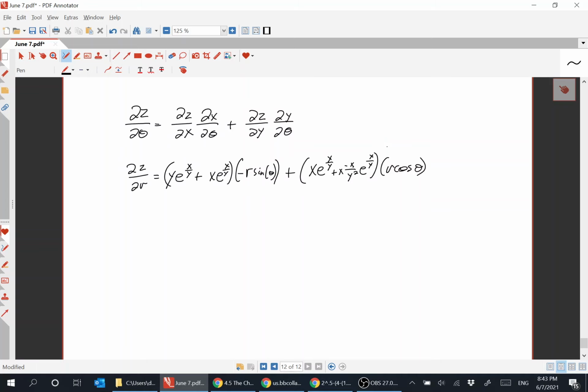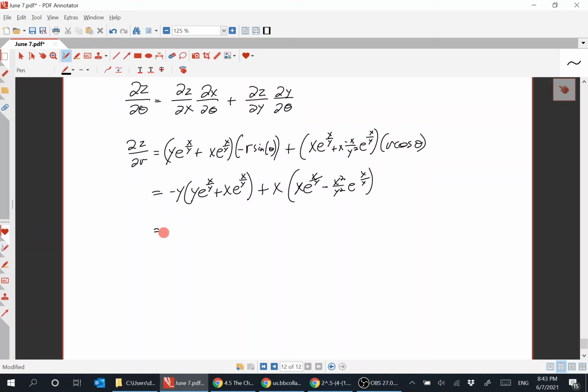In terms of x and y, by the way, you can put this now in terms of x and y. The r sine theta is y, so it's minus y times y e to the x over y plus x e to the x over y, and then that's x plus x e to the x over y minus x squared over y squared e to the x over y.